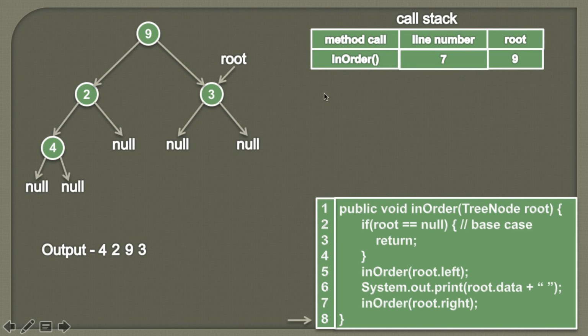So friends, now the execution point reaches this inOrder method. And we'll start executing from line 7. And we also know that when we were executing this method, root was pointing to 9. Therefore we'll simply move root to 9.